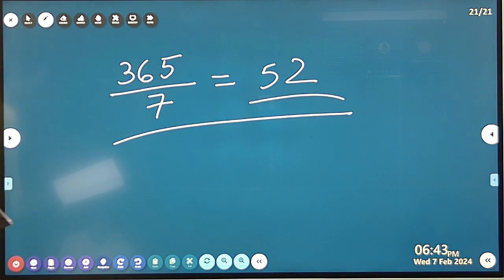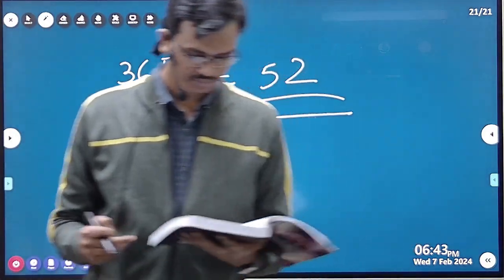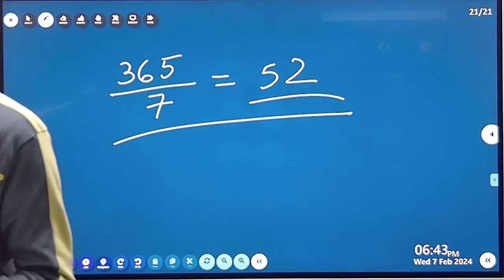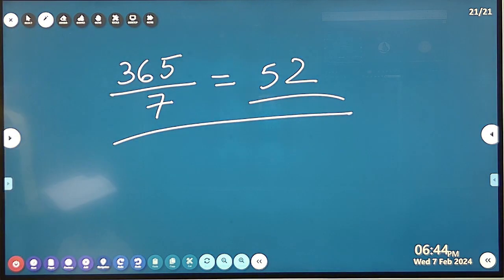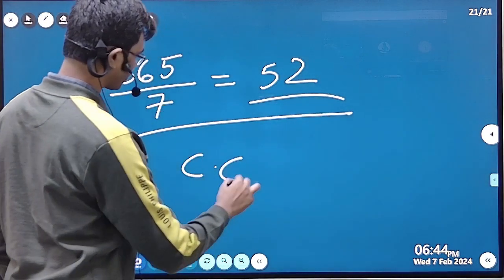So find out the minimum inventory holding cost. The minimum inventory holding cost is nothing but your carrying cost, correct?